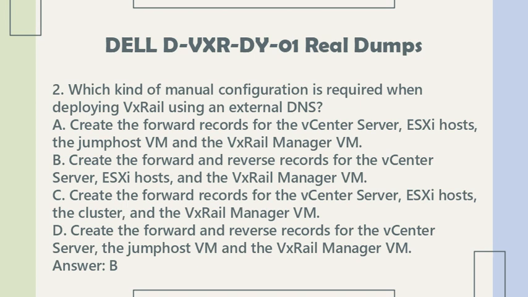C. Create the forward records for the vCenter server, SC hosts, the cluster, and the VxRail Manager VM. D. Create the forward and reverse records for the vCenter server, the jump host VM and the VxRail Manager VM. Answer: B.